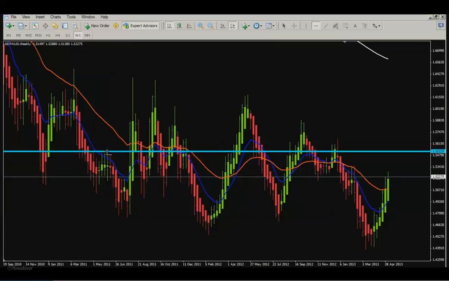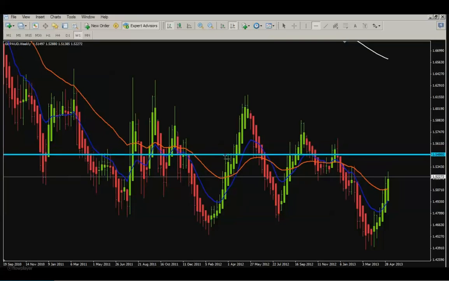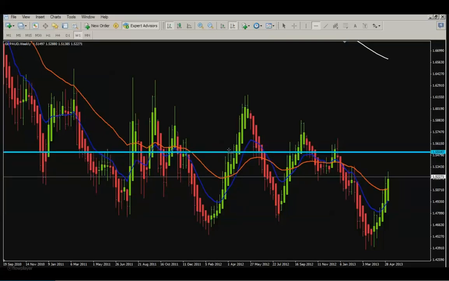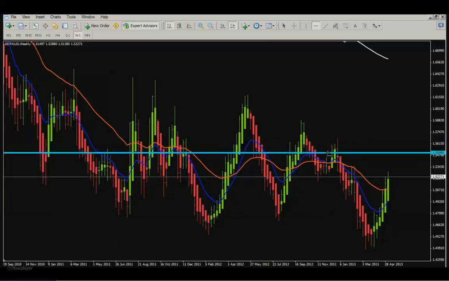Look at that. And here a little bit of resistance before it breaks. I also see something pointing out here and here.